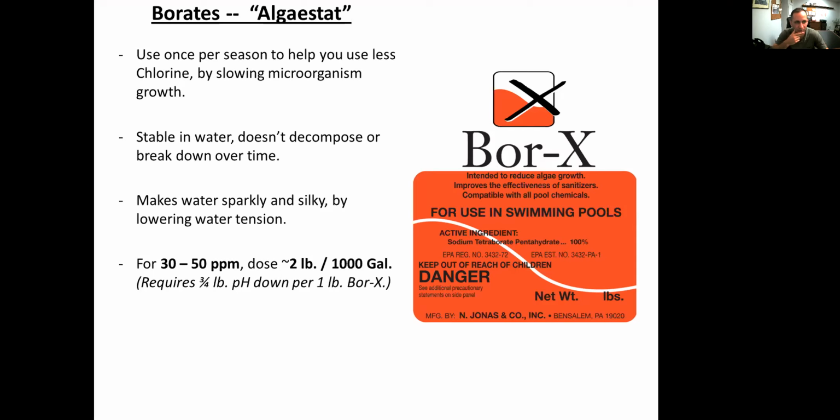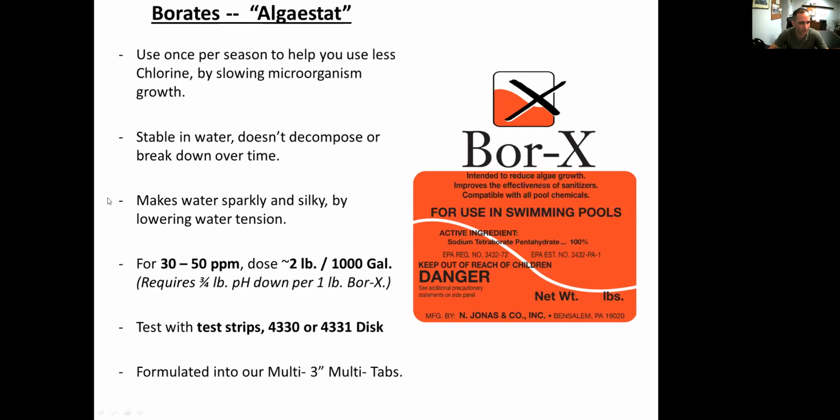For a 10,000 gallon pool, you'll end up adding about 20 pounds of borates, but it is only at the beginning of the season, and it can really help in certain situations.